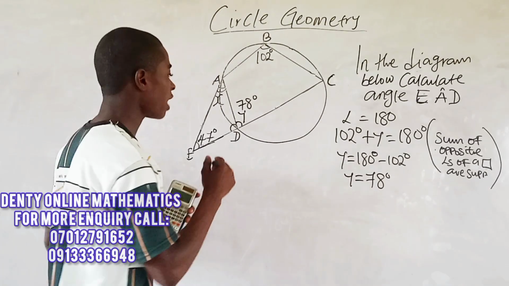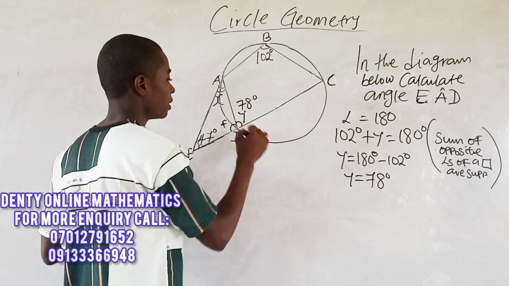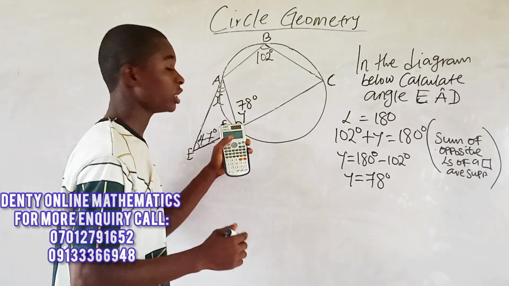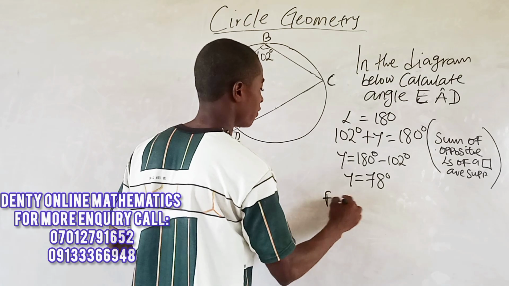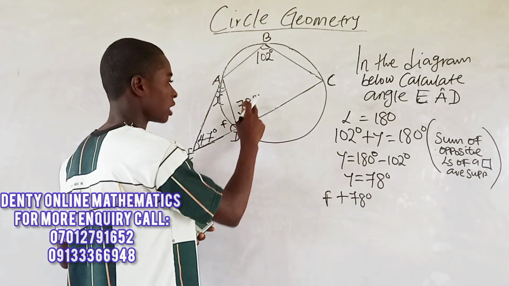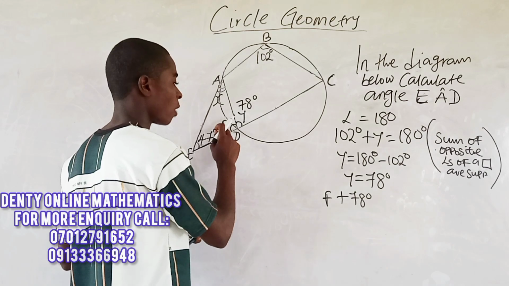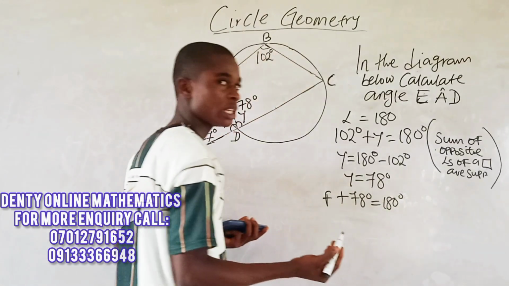180. So let me call this other side f. The sum of the angles on a straight line is equal to 180. So since here is f, I can say f plus 78, remember this angle y is 78, is equal to 180 degrees. You get?